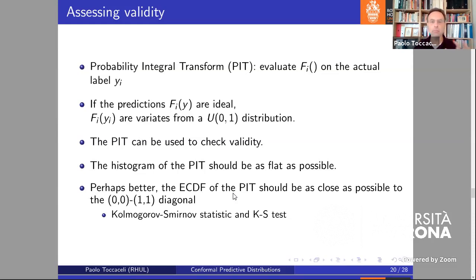So, as I showed, I would stay away from methods that involve estimating a density if possible. Another way to judge if the PIT is that of a cumulative distribution function is to check that the ECDF is as close as possible to the 0-0-1-1 diagonal. And there is also the KS test, which uses the Kolmogorov-Smirnov statistic for this purpose.